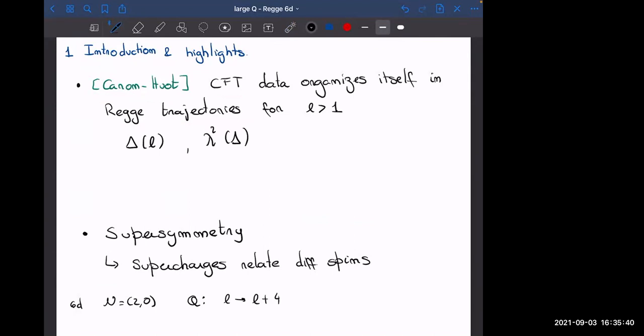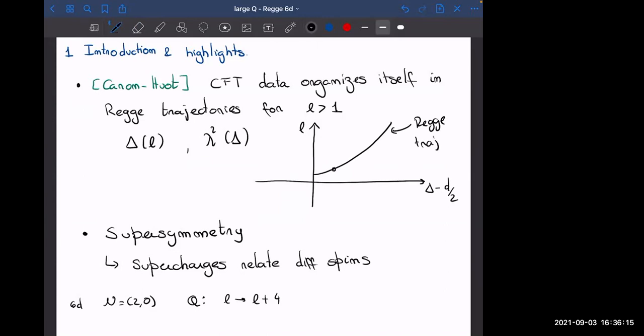But what Caron-Huot has shown us, and many people have used so far, is this idea that it makes sense to draw something like this, where I can plot the dimension, and for simplicity I'm putting a shift by d/2, where d is the dimension of space-time, versus the spin of the operators. I can draw trajectories, and these are Regge trajectories in this space that interpolate between my operators.